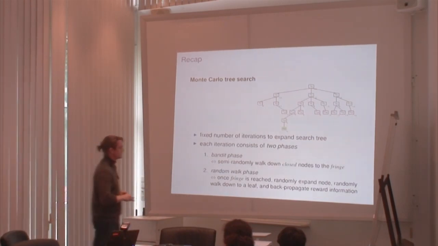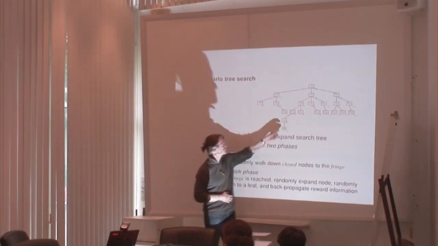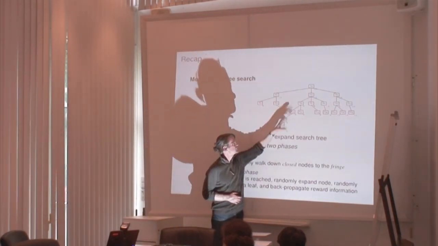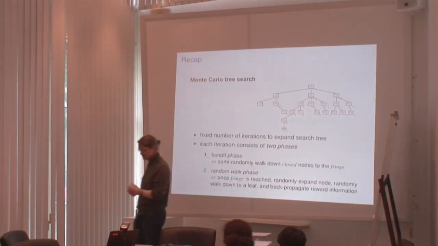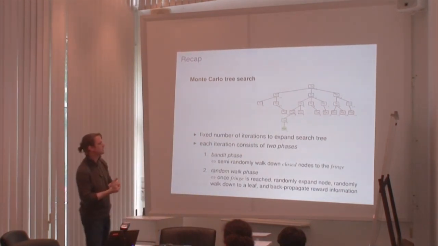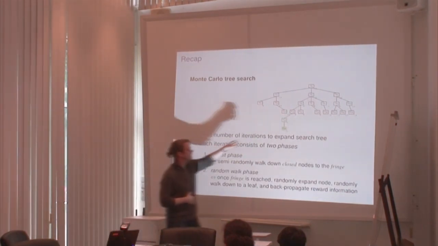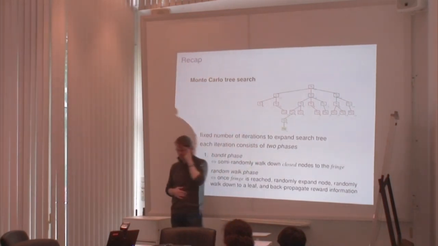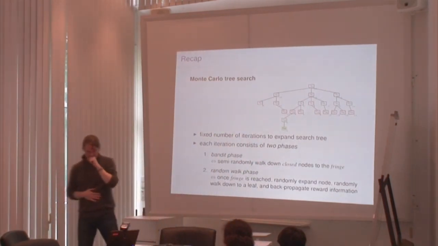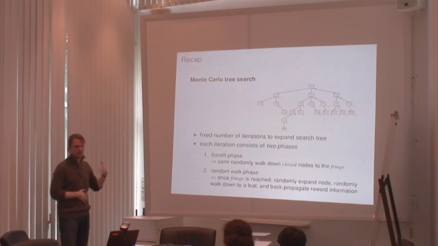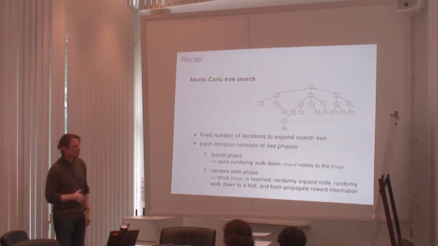Once we have this utility, we can pass it back up the tree, and we will register this newly found utility value with all the nodes in the current search tree, that is, with all the nodes that have been expanded already, that are part of the search tree already.